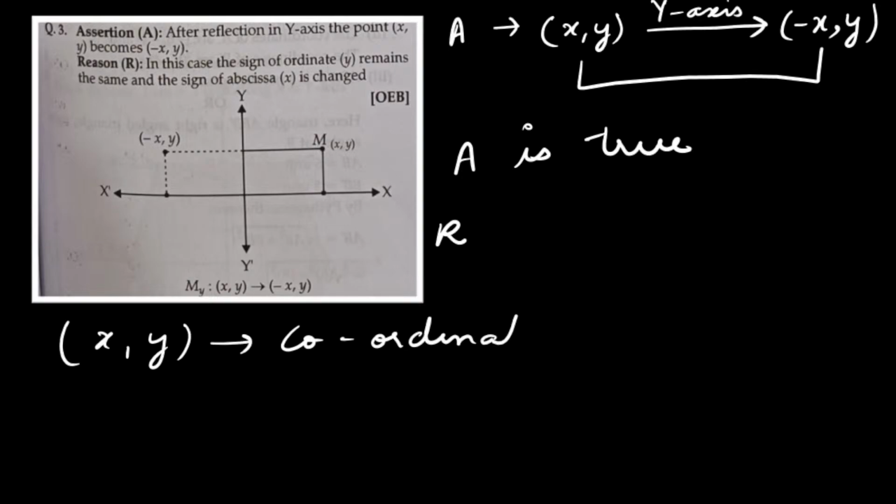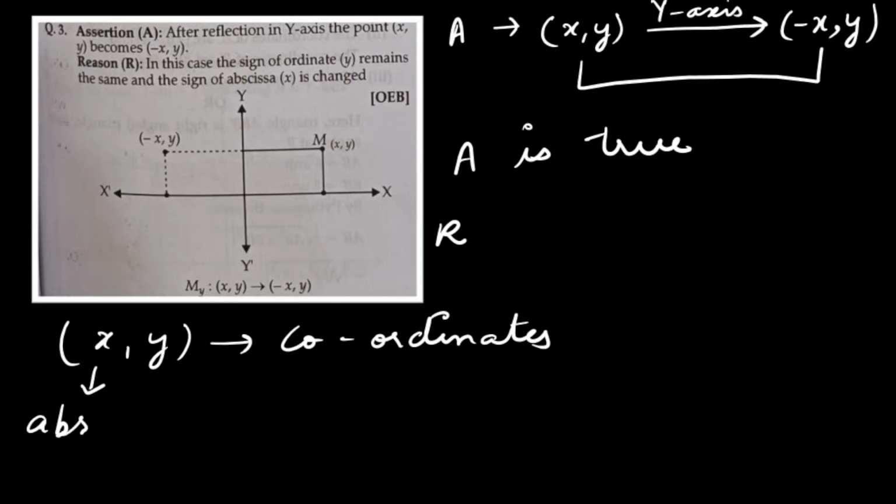Now the reason. In this case, the sign of the ordinate remains the same and the sign of the abscissa is changed. So what is ordinate? See, x, y altogether are known as coordinates. Here x is known as abscissa.